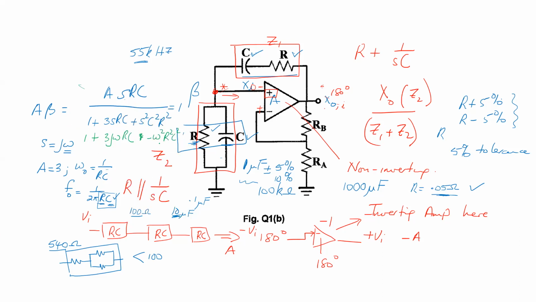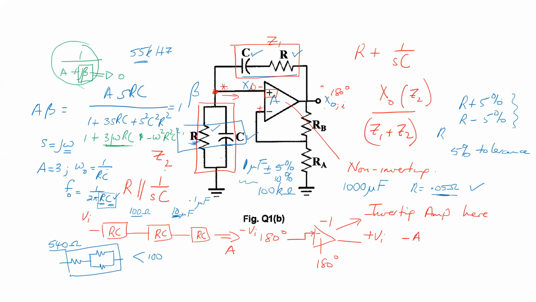For the phase shift to be 0, this bit will have to be 0. I haven't cross multiplied, but just look at the behavior of it. For a complex number like 1 over A plus j beta, for the phase shift to be 0, the complex part has to be 0.